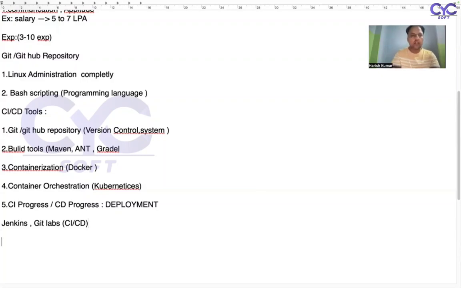Next is configuration management. For this, you need to learn Ansible, or you can go with Puppet or Salt Stack, or Chef.